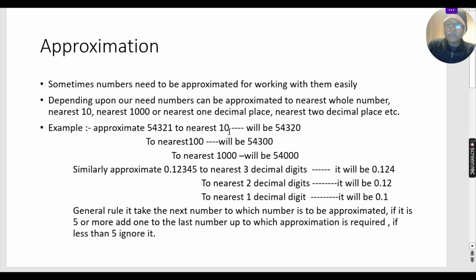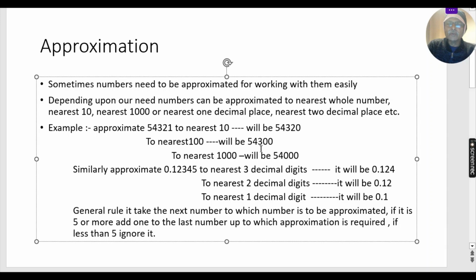If we want to approximate to nearest 100, it will be 543 and then 2 zeros, 54,300. If it is to be approximated up to nearest 1000, then we will get 54,000. I hope this is clear.